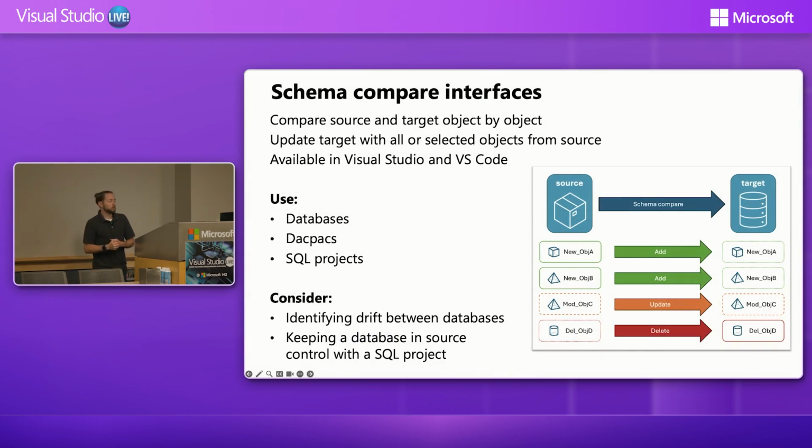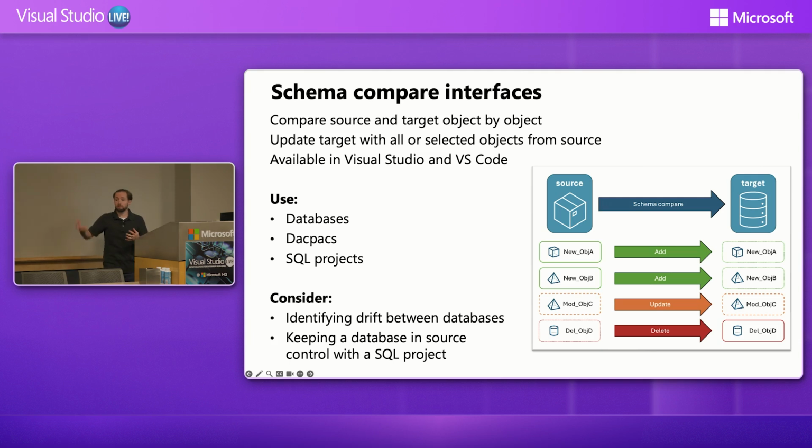The other thing is that there are schema compare graphical interfaces in Visual Studio and in VS Code. So if you're ever curious, you're just like, well, I'm going to start doing publishing things, but I just kind of want to see how many changes do I have? You can do this. Now, this example graphic shows a DACPAC source to a target database. It could be in any arrangement. It could be two databases.